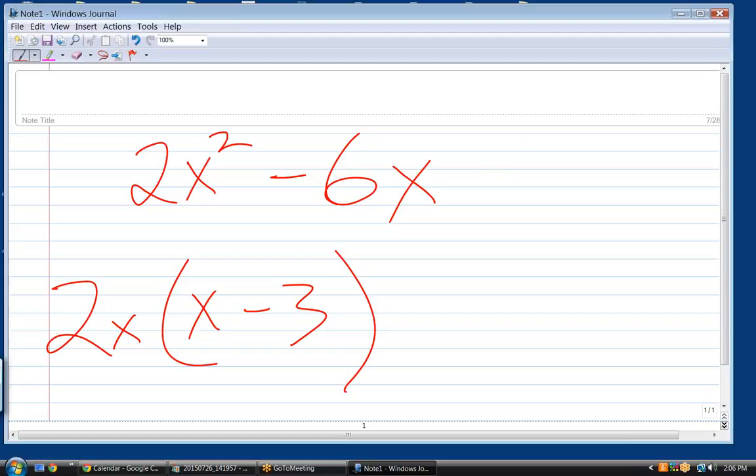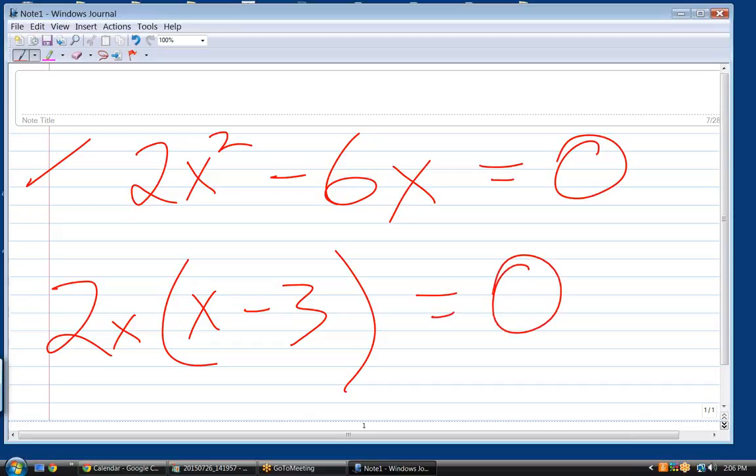Okay? Now, why would we want to factor this? Let's say we started with an equation where that whole thing was equal to 0. Well, I can't solve that because I've got two things being subtracted from one another that are equal to 0. So the whole reason that I factor it is so that I'll end up with the product of two things. I want two things that are multiplied together equaling 0.